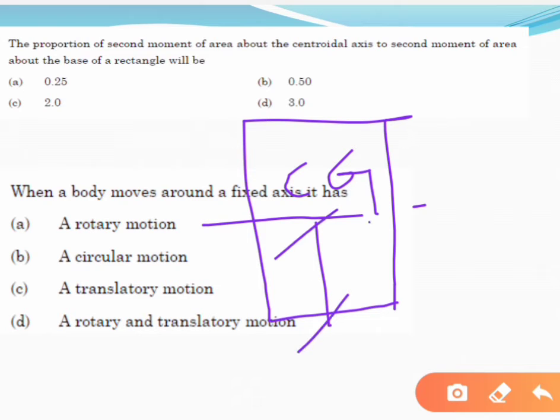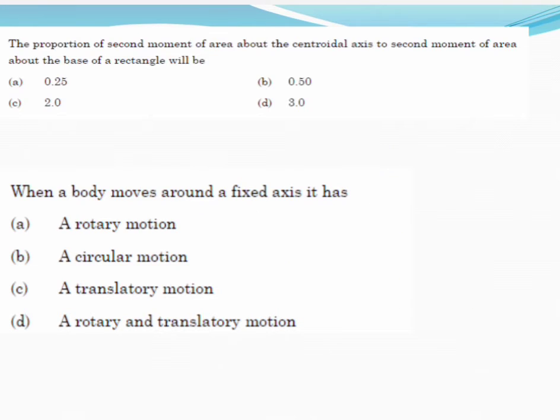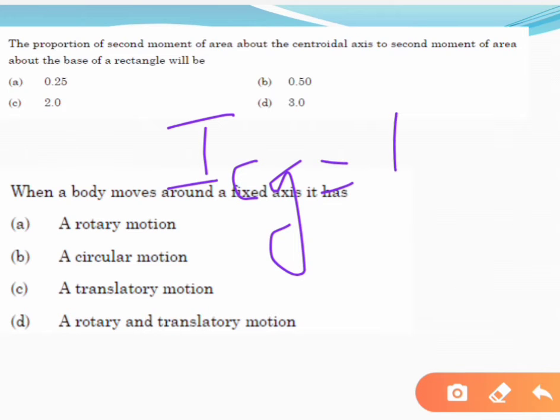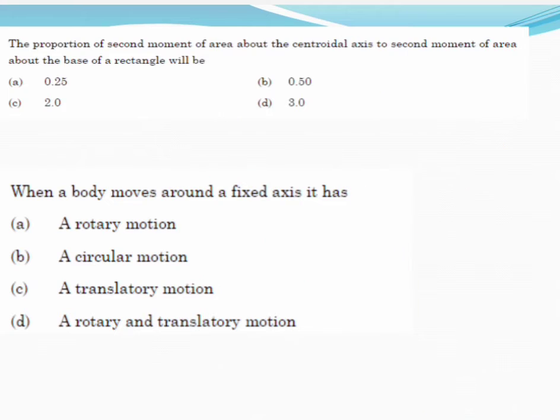The depth is d by 2 from the neutral axis and the total depth is d. Now the second moment of area about the centroidal axis, I CG, will be b d cube by 12. This is parallel to its width, that means parallel to its x-axis.